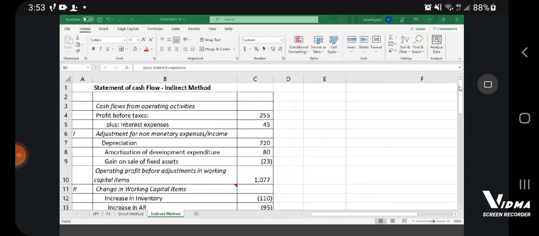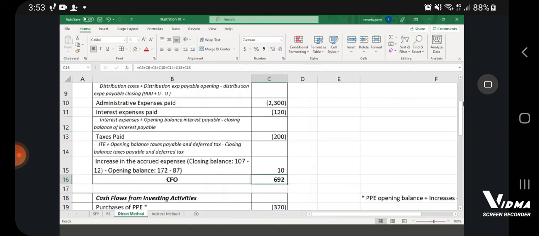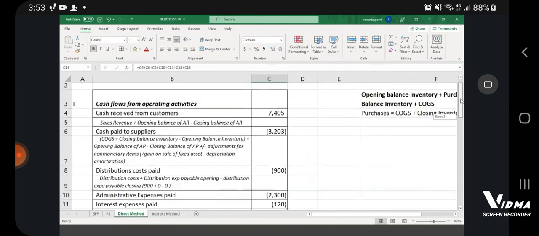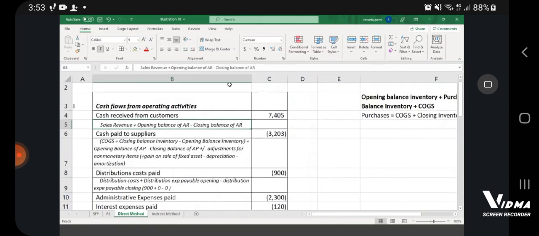So you relate them in the formula under the direct method that we mentioned, and in this way you have calculated the receipts from customers. So whenever you are required to prepare cash flows, you have to connect and link information together from the other two financial statements.